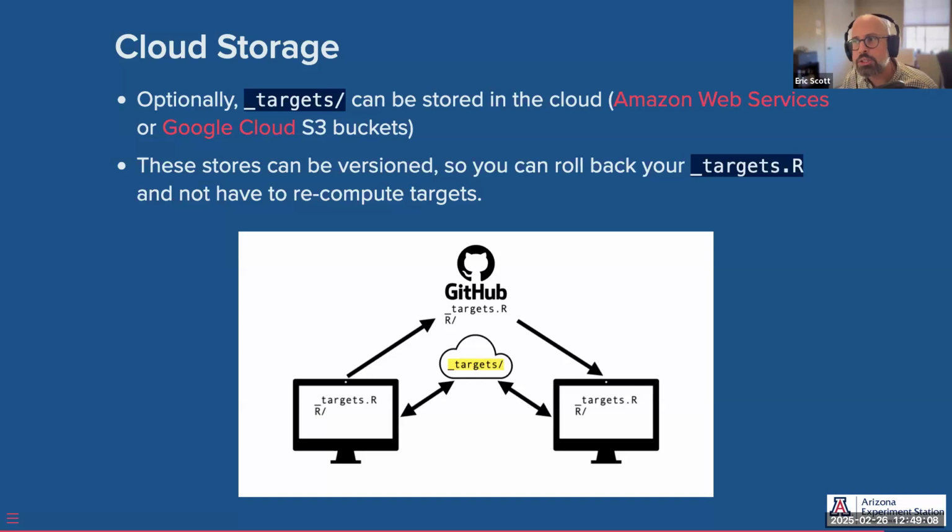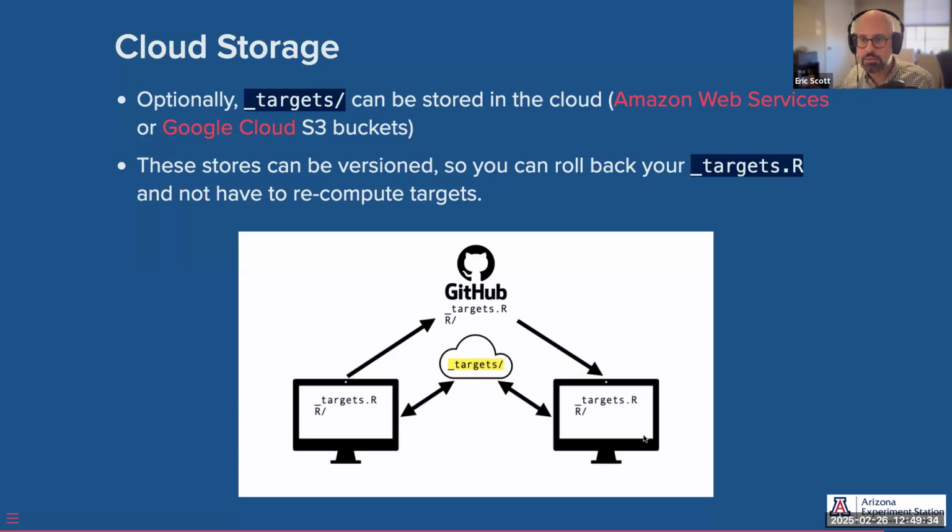So there is an option in targets to use cloud storage. AWS, Amazon Web Services, or Google Cloud, or other S3 compatible buckets can be used. That way, your results are actually not stored on your own computer, they're stored in the cloud. And so your collaborator can take your code and run tar_make on their computer, and it'll say skipped.